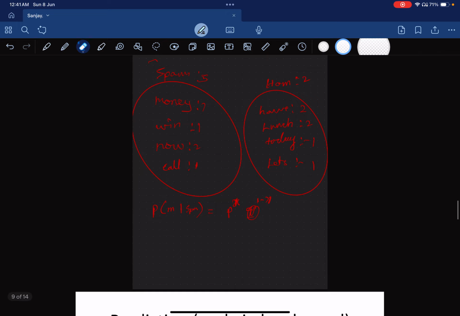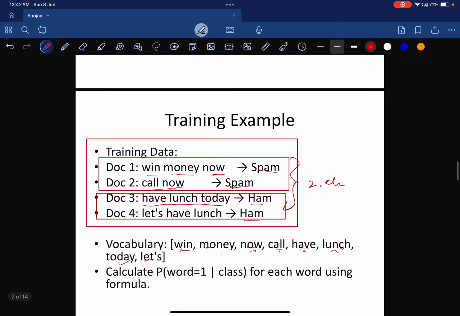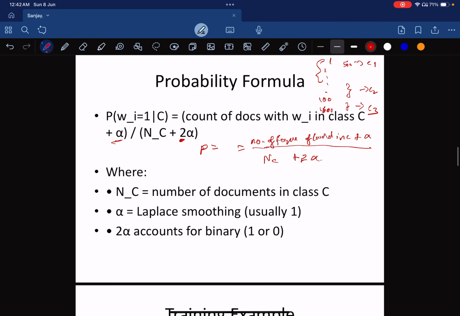That is P of 1, the success rate, right? How will you find this probability? Word count in the spam class plus alpha, divided by nc plus 2 into alpha. This is the formula used for finding the probability, and using it we find the probability.